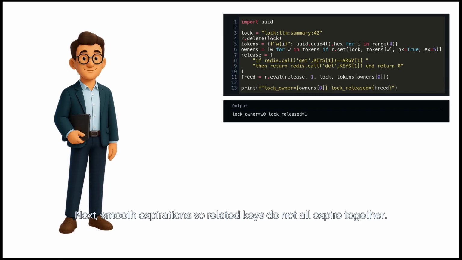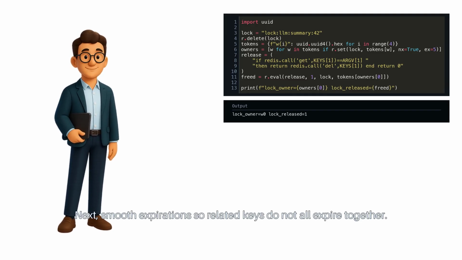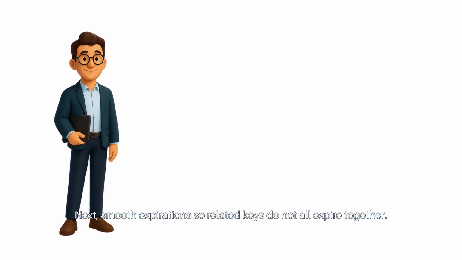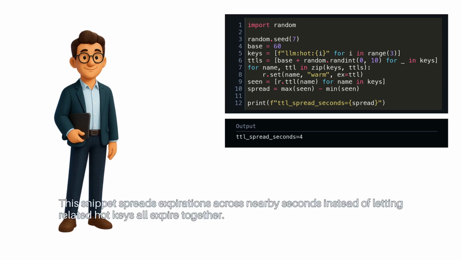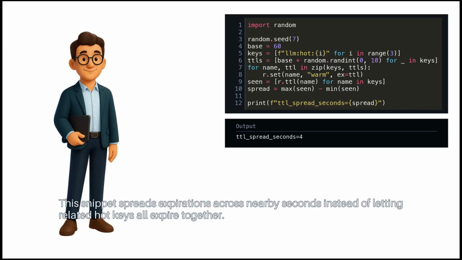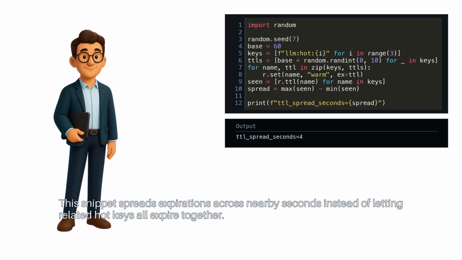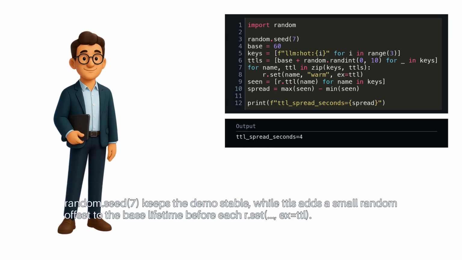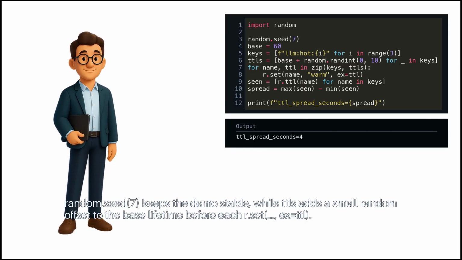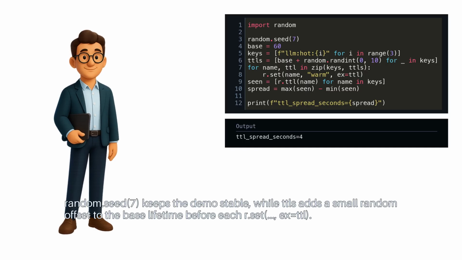Next, smooth expirations so related keys do not all expire together. This snippet spreads expirations across nearby seconds instead of letting related hot keys all expire together. random.seed(7) keeps the demo stable, while jitter adds a small random offset to the base lifetime before each r.set with ex=ttl.